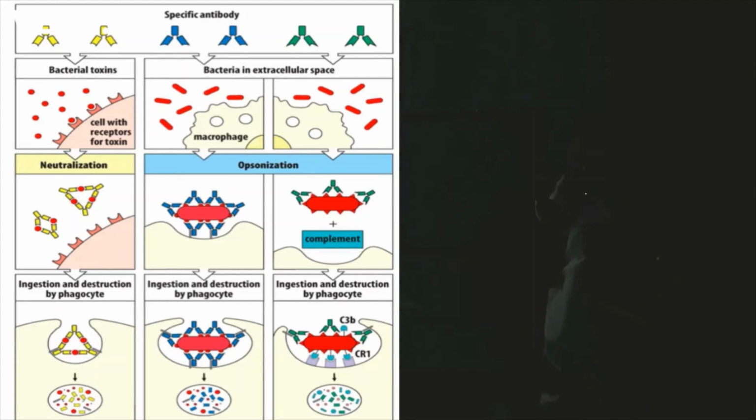Three different types of antibodies raised against three different types of pathogens in the body. So what's going to happen? If there is infection with some bacterial toxins, you see the round balls here in the left corner, or infection with some bacteria in the extracellular space, how are the cells of the innate immune system going to respond to these different types of cells?